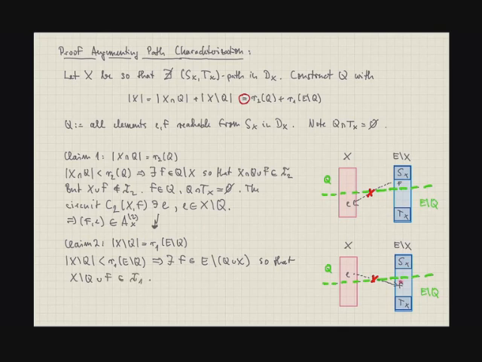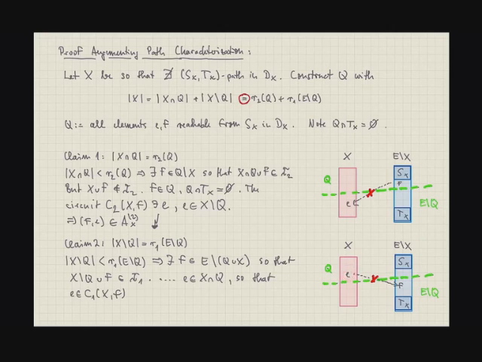So in the figure, that is this element here, and then actually the same sequence of arguments will give me another element E here, which is on the left-hand side in X and also in Q. So that's going to be an edge E in X intersect Q, so that this edge E is also contained in the circuit that I get when I add F to X. And that is this element E here.